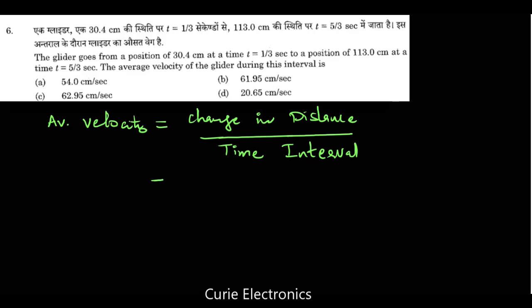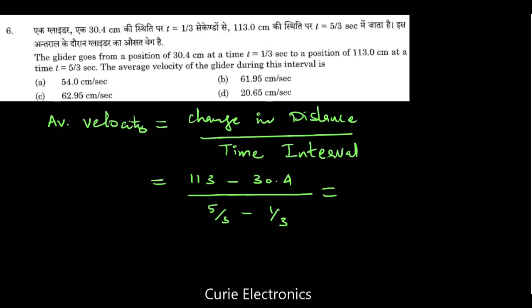So what is the change in distance? Initially it was at 30.4 cm, then it has moved to 113 cm. So 113 minus 30.4 upon 5/3 minus 1/3.